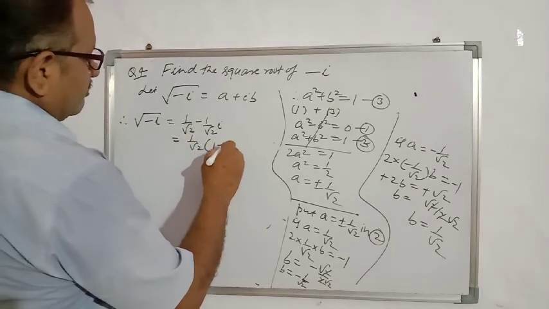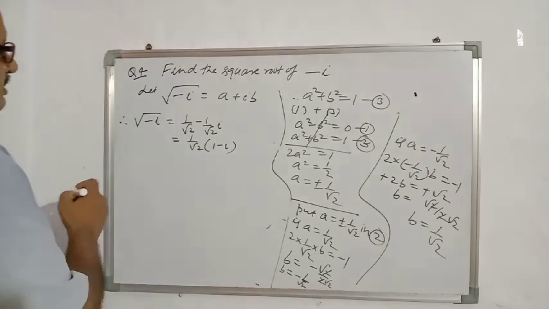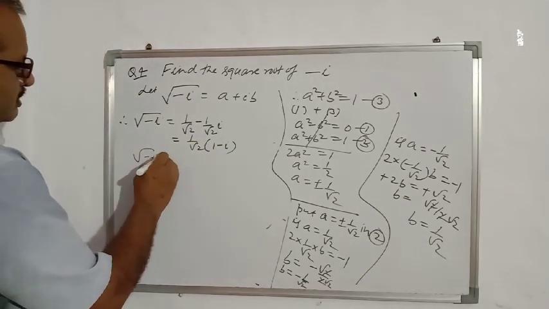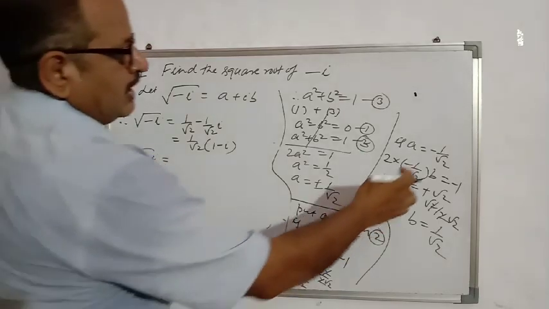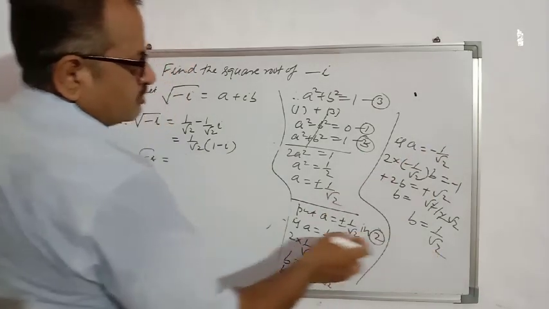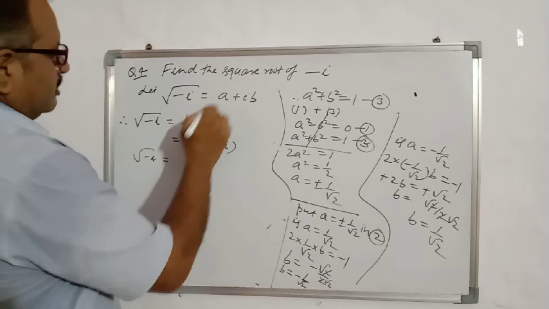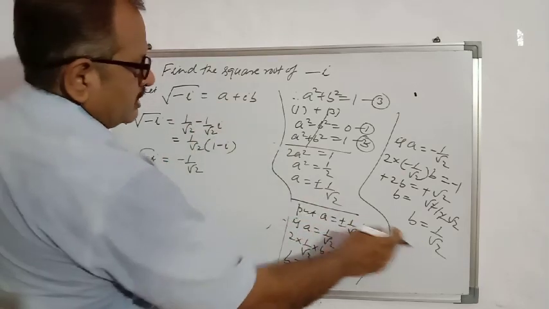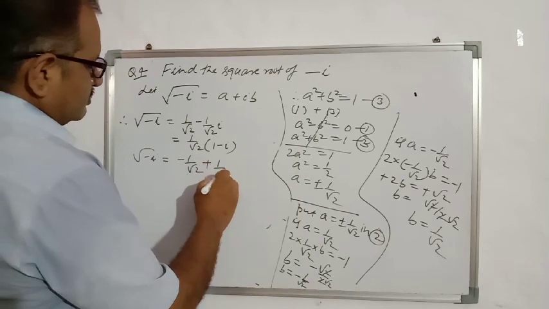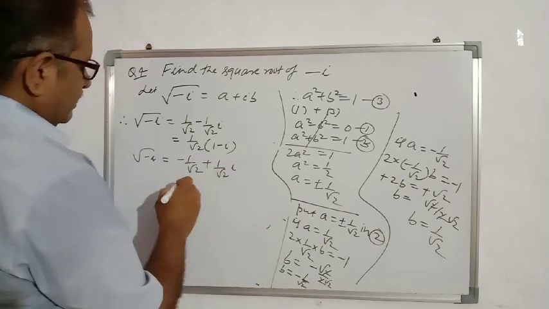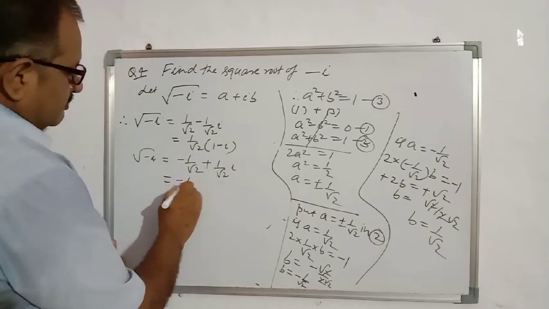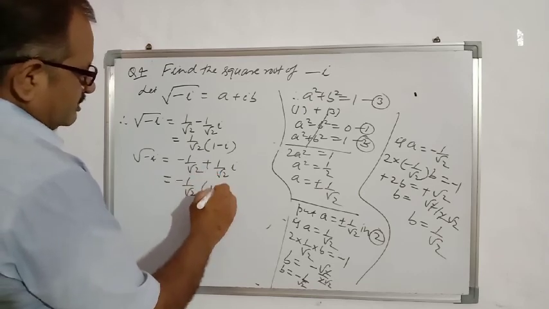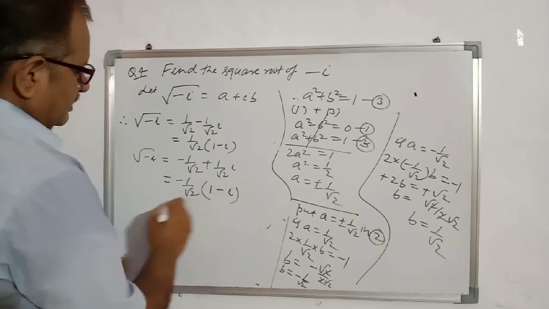So it will be 1 by root 2 times (1 minus i). If we take a equal to minus 1 by root 2 and b equal to 1 by root 2, we get minus 1 by root 2 plus 1 by root 2 i. Take minus 1 by root 2 common. So here we will get 1 plus, which will become minus i.